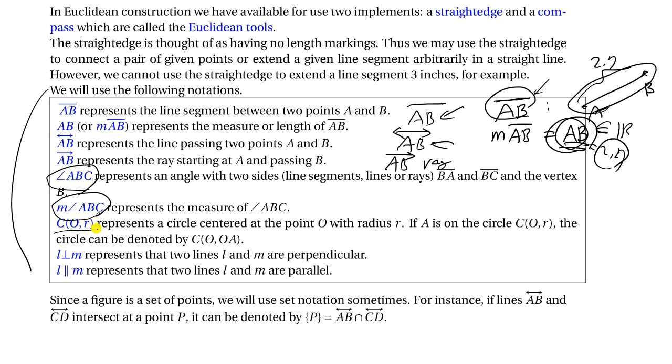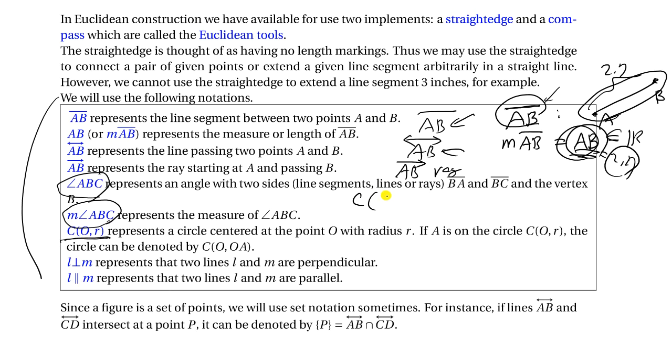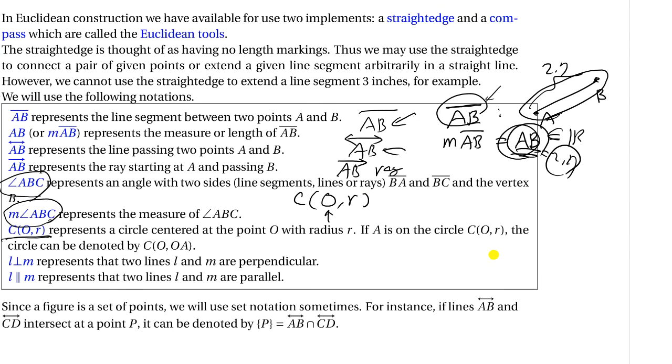For a circle, we could use C and a point, which means the center, and the radius of the circle. That's enough to show what circle we are talking about. So if the given circle looks like P and A, then whenever you want to mention that circle, it's got to be the circle centered at P, right? And how about the radius?